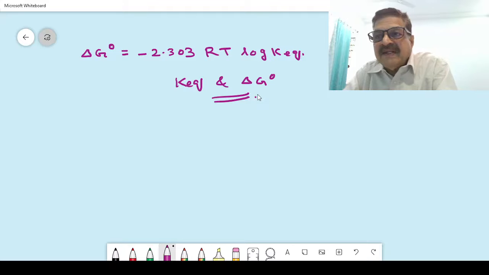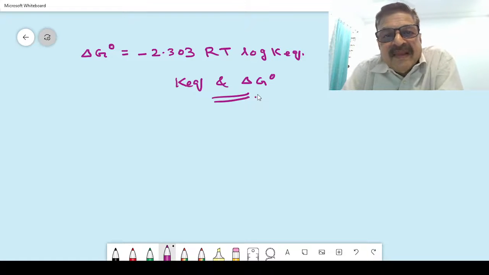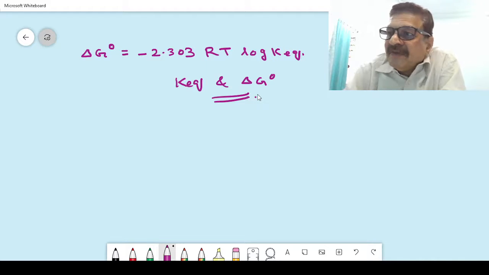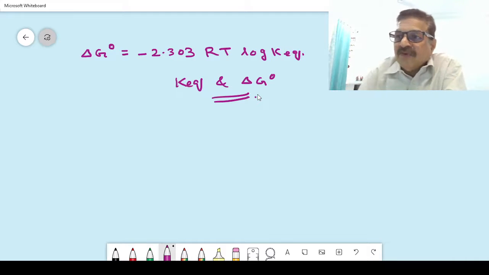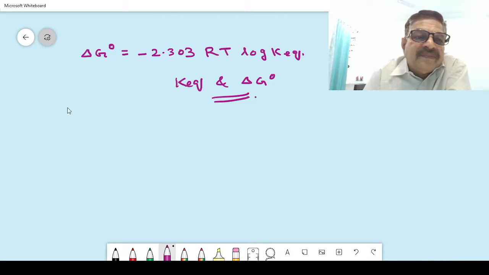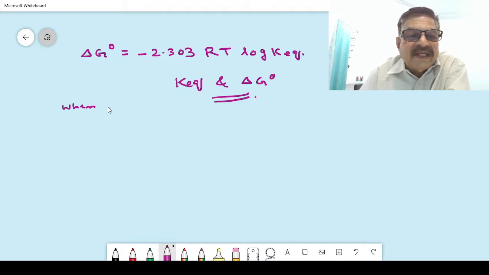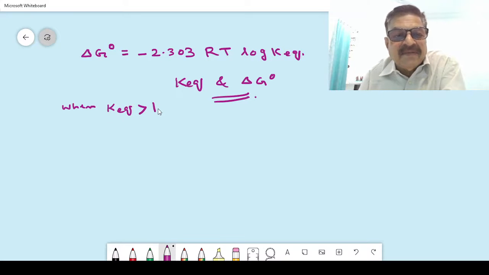Now, it is a logarithmic function, log KEQ. KEQ, the equilibrium constant, depends upon the free energy difference between the reactants and the products. Now, let us assume certain things. When KEQ is greater than 1, it is a positive number, not a negative number.